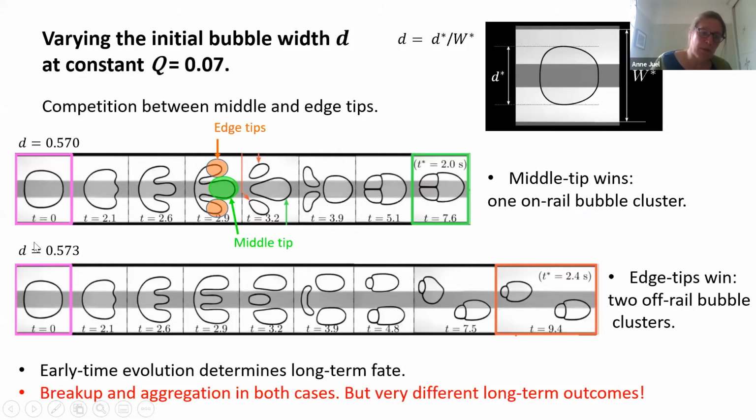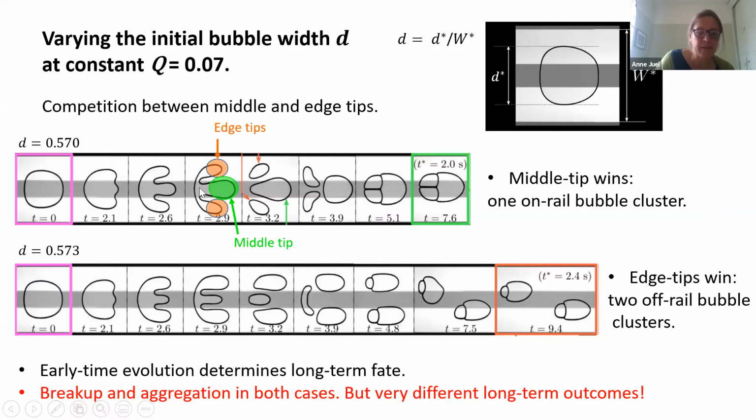And in the second case, where the bubble width is marginally wider, you have the edge tips that grow faster than the middle tip. And in that case, you get a sequence of 2 breakups, and eventually the bubbles do not migrate across the rail, remain on either side of the rail, and you get these compound bubbles that are essentially separating from each other.